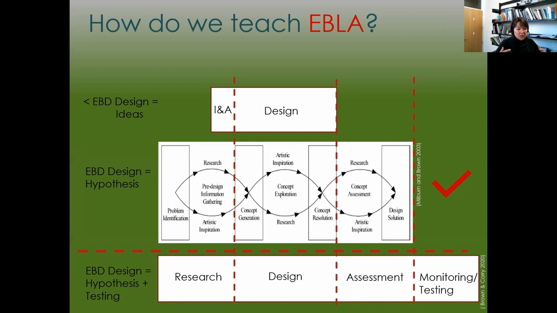So this was a good thought about how to weave the two together. You'll see there's an equal segmentation of three phases. The first is the research phase, then the second, which is more concept exploration, I would call design. And then you have design assessment before you get to the final solution. So it extends the process.